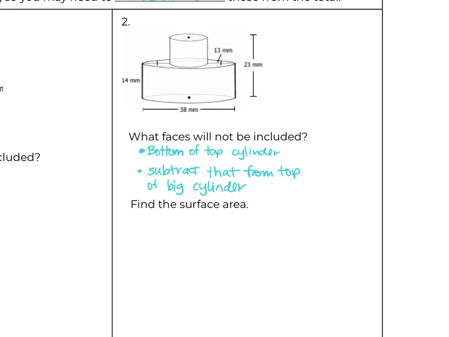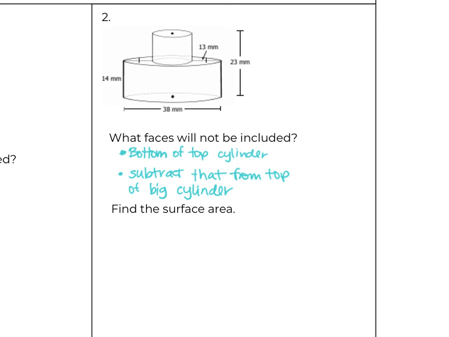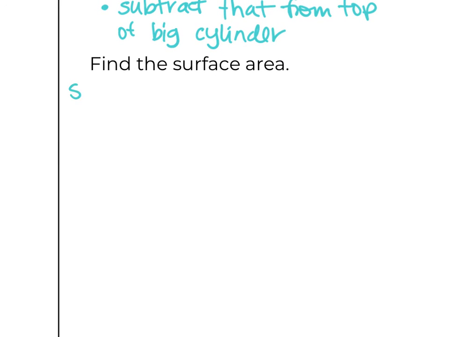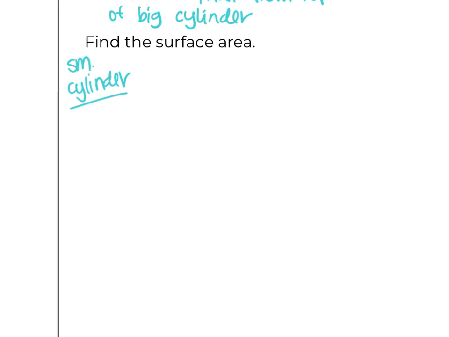Okay, now just find the surface area. Here we have 2 shapes that are the same, but they are different sizes, right? So let's do the surface area of the small cylinder, or the top one. Surface area for a cylinder is what?